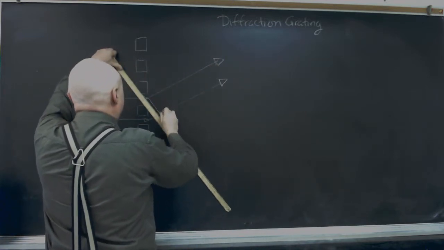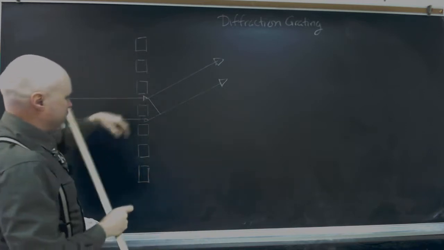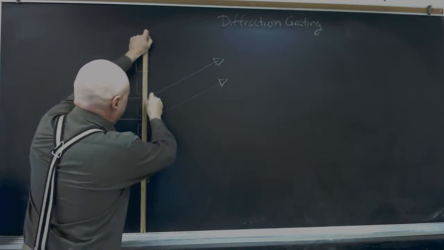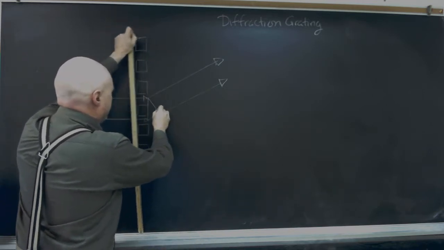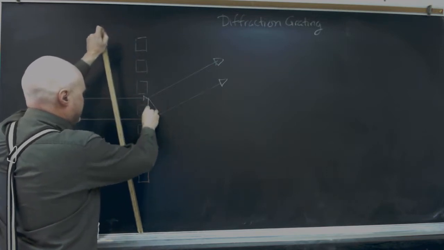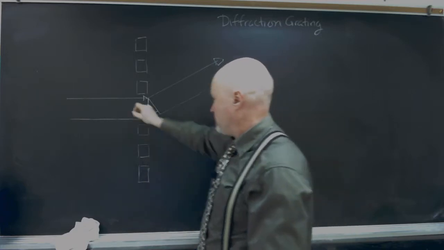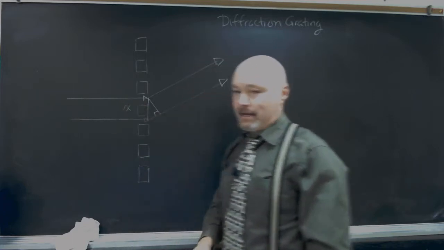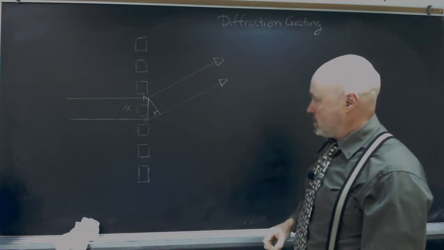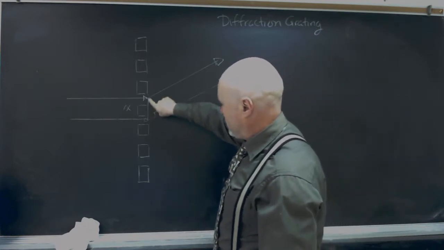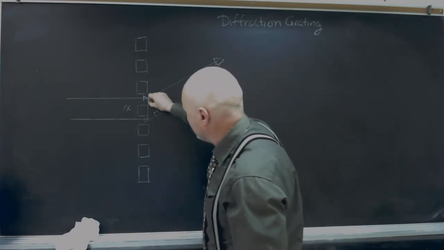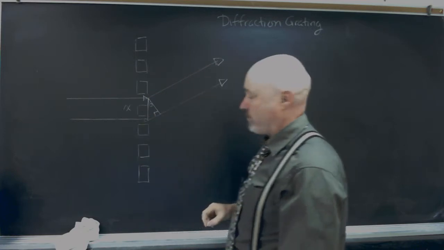Okay, so here's our little right-angled triangle right here. So there's our right angle. Here is the distance between the two slits here, which I think we're going to use x for. And so the hypotenuse is x. This angle is theta.